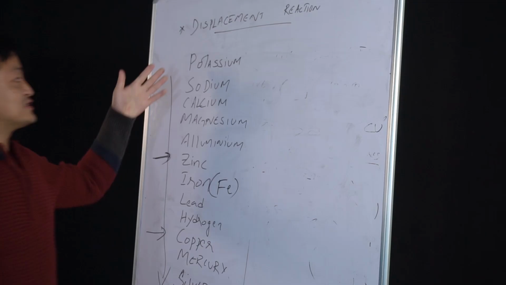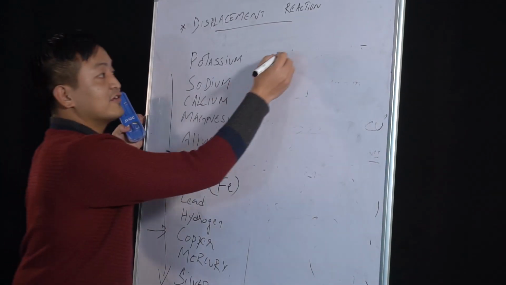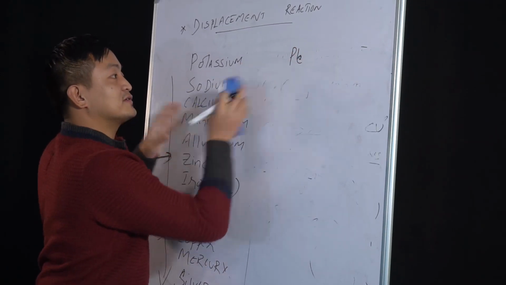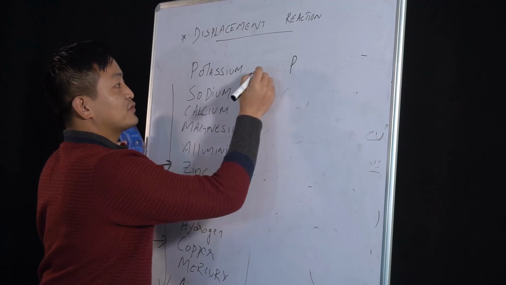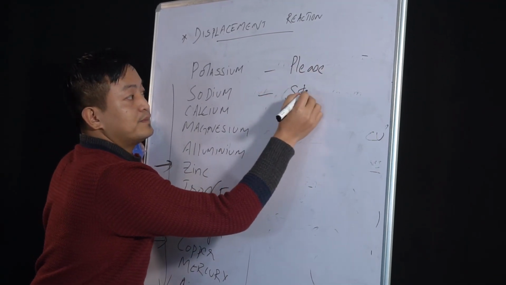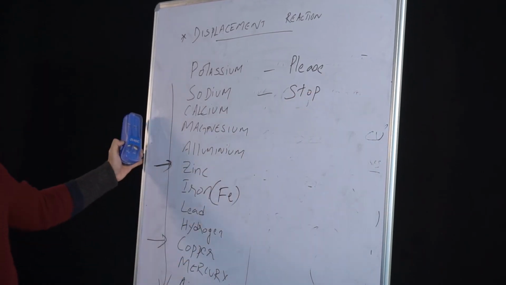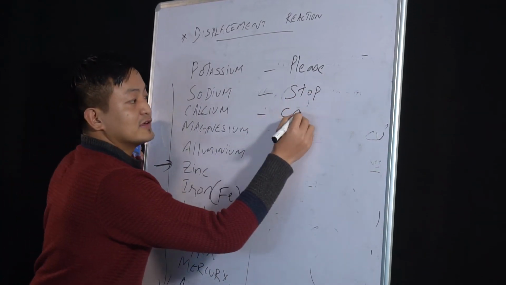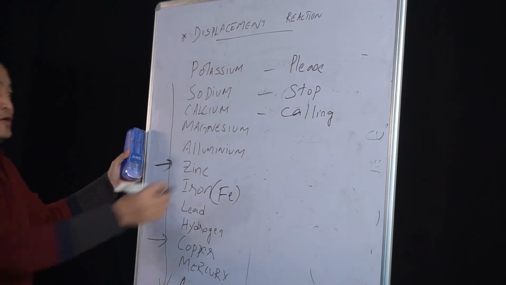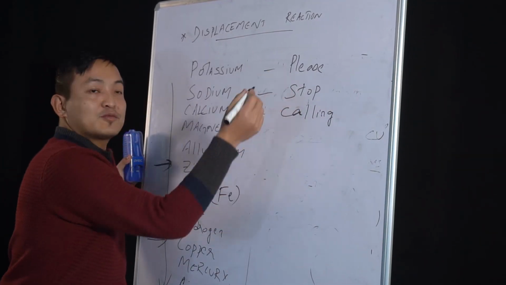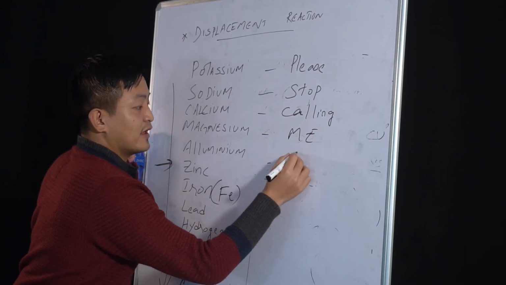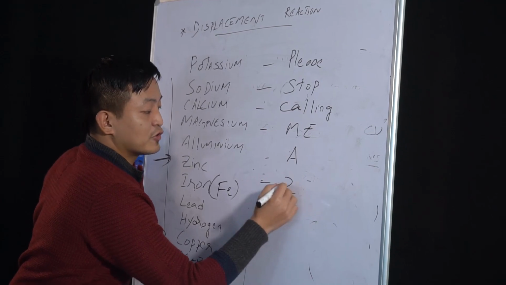Now we all know P is potassium, so I'll give you this sentence. Please. P for potassium, so please. Stop, that means sodium for stop. Calling. C is calcium. So now please stop calling me a 0.